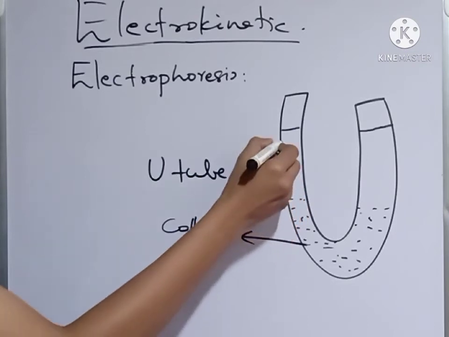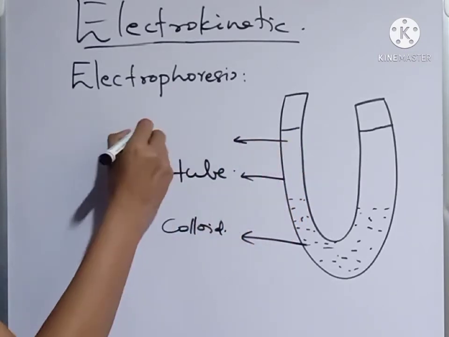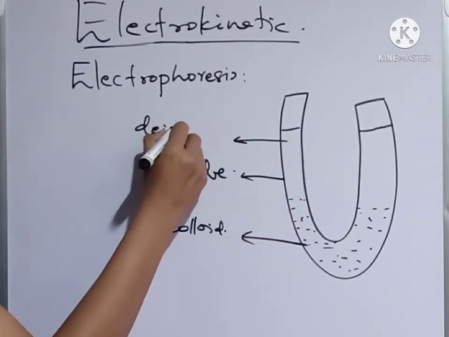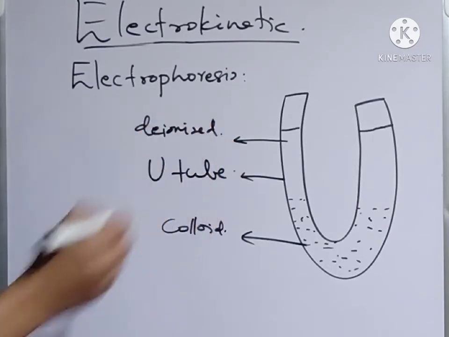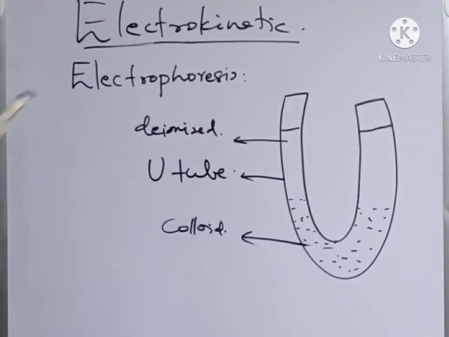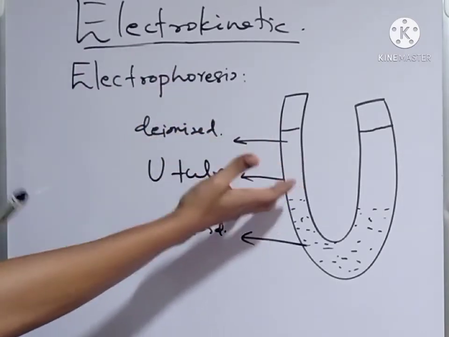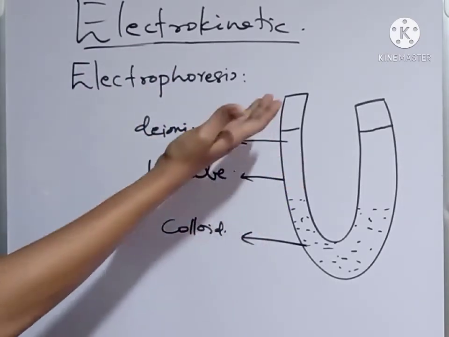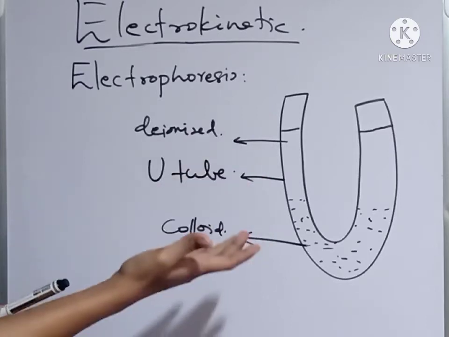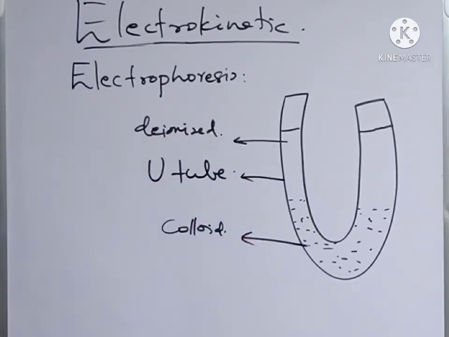And we have to fill deionized water over our colloid. We use deionized water because there are no positive or negative ions in deionized water, so the water will not affect our experiment. That is why we use deionized water.